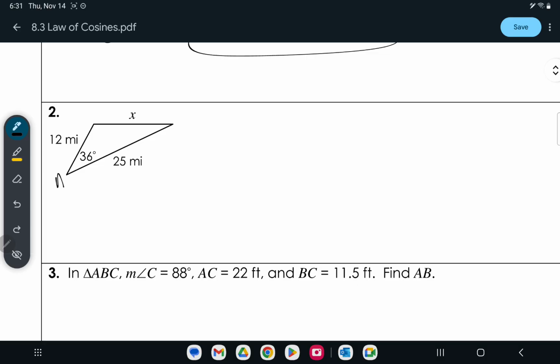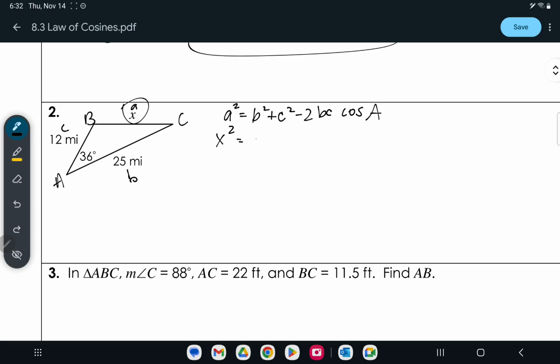So let's do it again. A, B, C. I'm missing this one, so I can use the formula a squared equals b squared plus c squared minus 2bc cosine A. I'll fill in what I need.